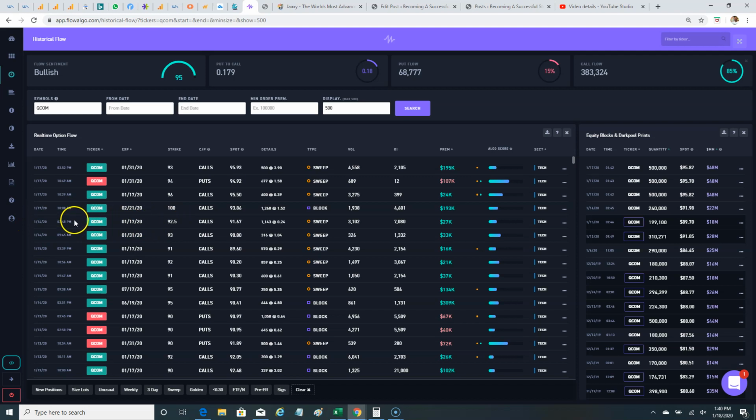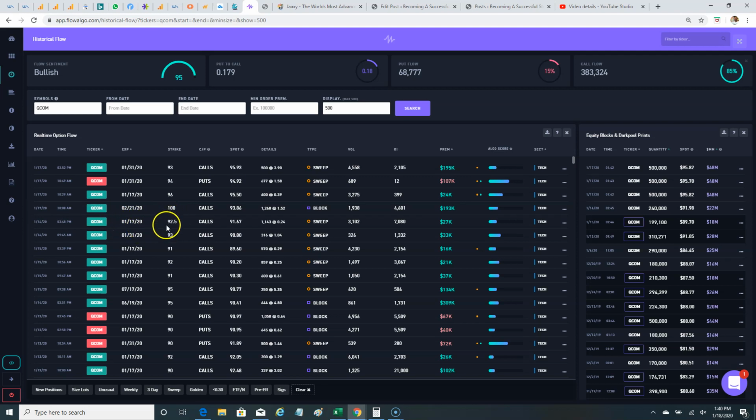I want you to look at the time stamp on this flow. The flow comes in 12 minutes before the close on a Thursday, for an expiration the very next day, January 17.